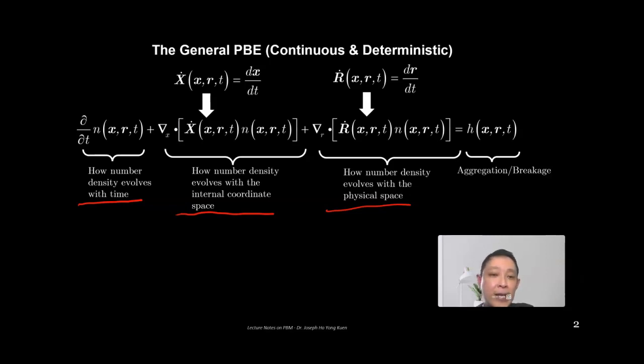And then lastly, on the right hand side, we have the source and sink term that describes the case where your particle is actively undergoing, say for example, breakage or aggregation. So when we talk about the breakage population balance equation, this H term here, the source or sink term, is the term that we are going to be mostly talking about.